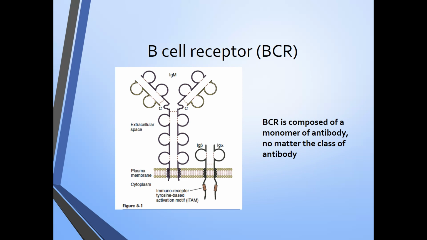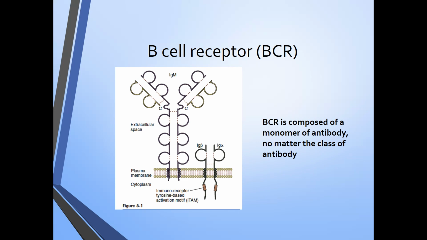So even though you, for example, will secrete an IgM that's a pentamer, so you have 5 monomers attached together by the J chain, that B cell, before it gets stimulated to differentiate to plasma cells, the receptor will be an IgM, but it'll be a monomer. Same with IgA, it will be a monomer.